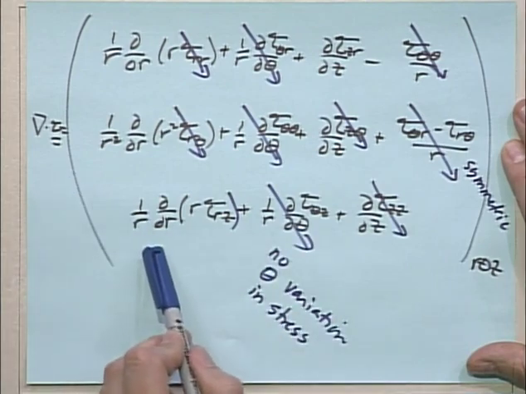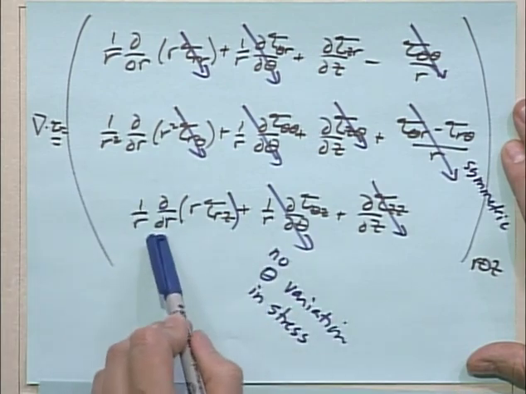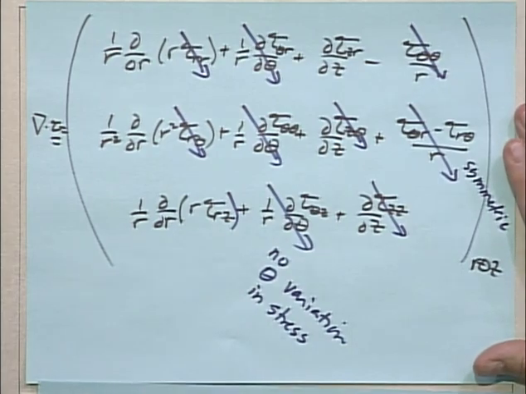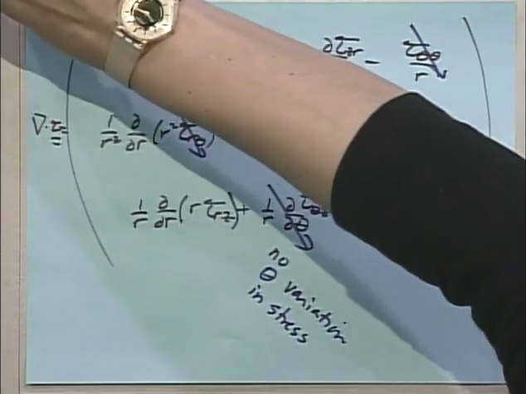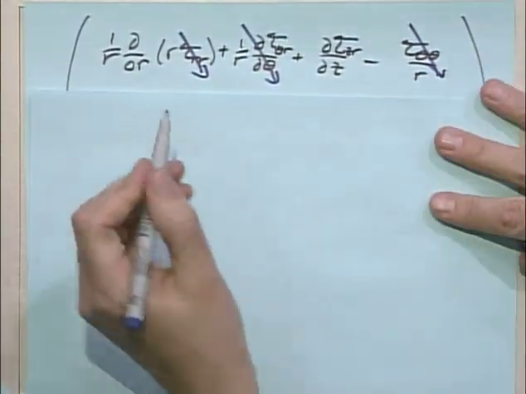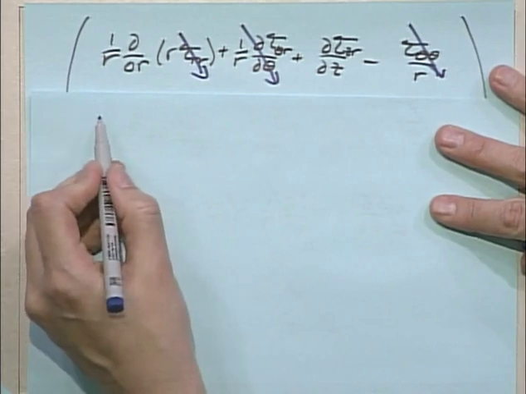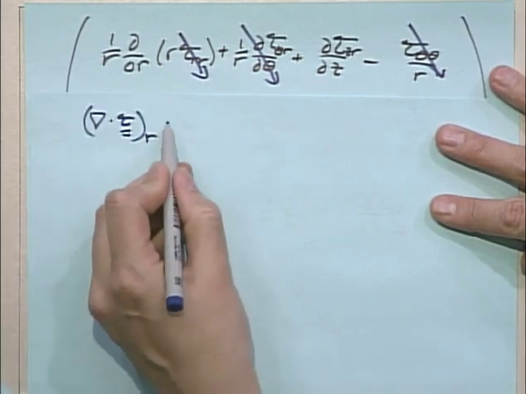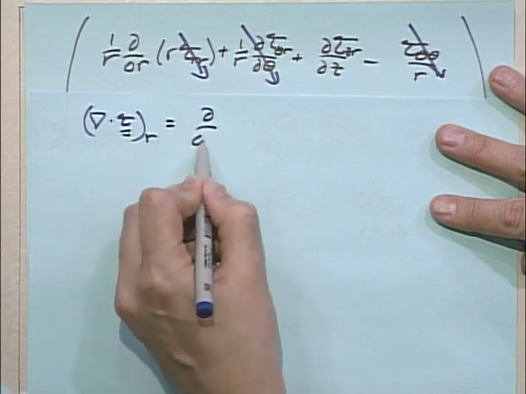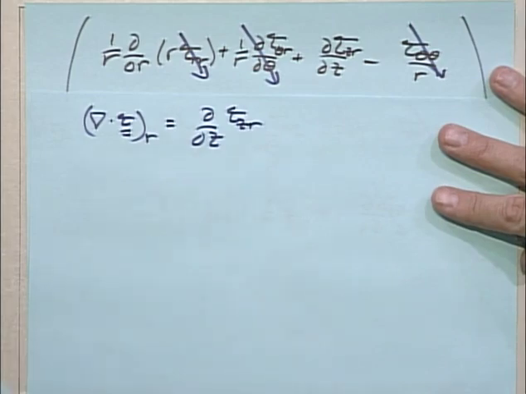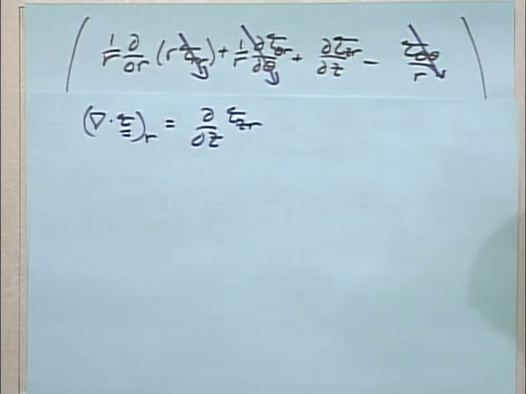The z component is 1 over r d by dr of r tau rz. This term is going to turn into 0 as well. Let me show you that. Del dot tau, the r component, is d by dz of tau zr. We've got tau zr here somewhere. Here it is.